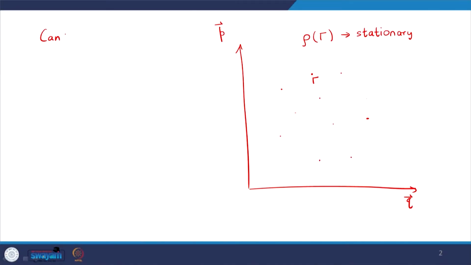So going further, if I want to determine any average property in any of the ensembles, I have been discussing the canonical ensemble. Let's say I am interested in computing any average property in that ensemble.